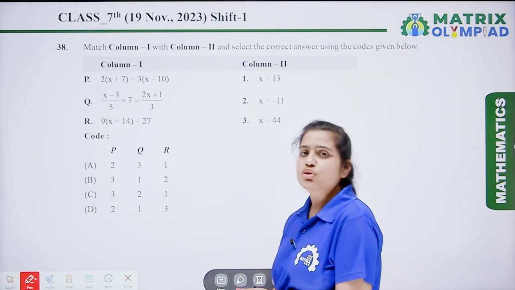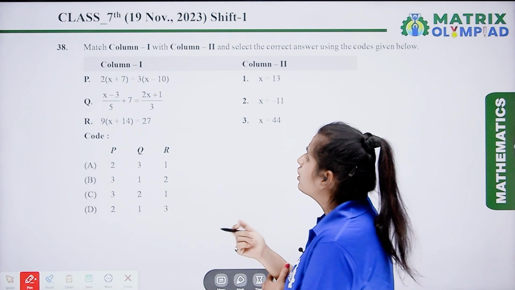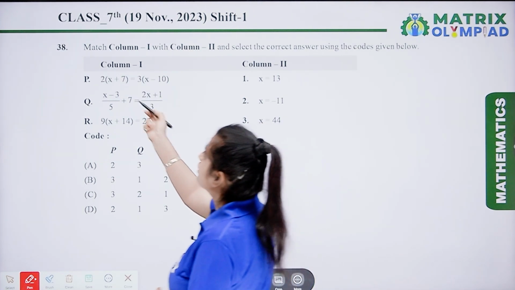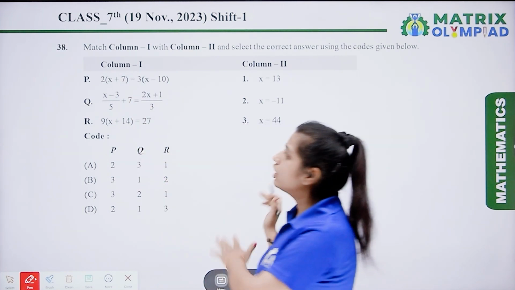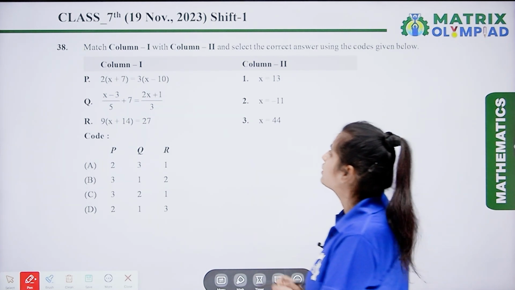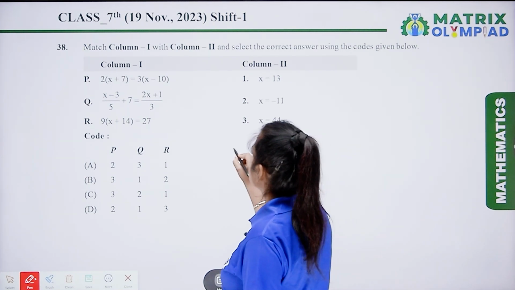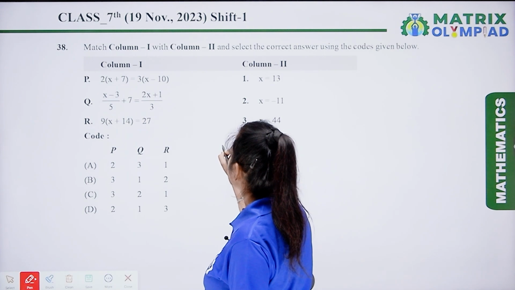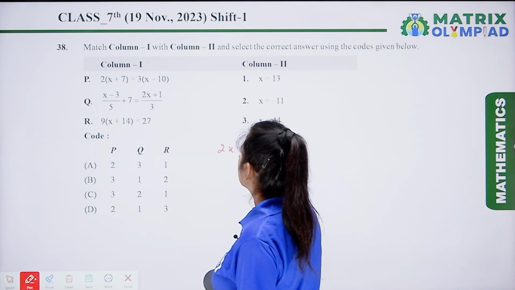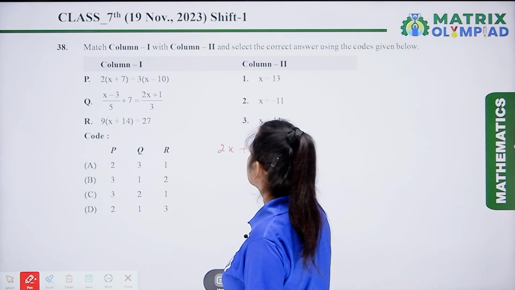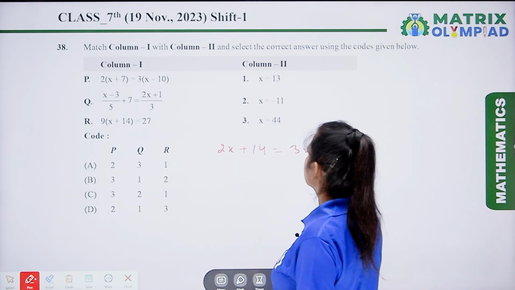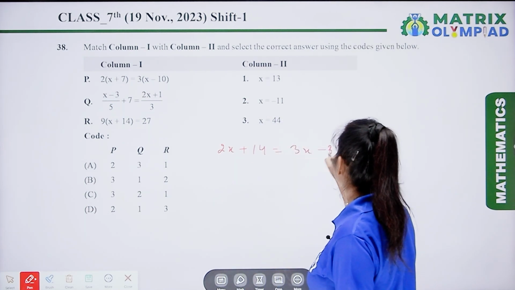Now the next question is question number 38. Let's solve it. Here we have few equations and in the column 2 we are having the answers. Now let's solve the equation. 2x plus 14 equal to 3x minus 30.